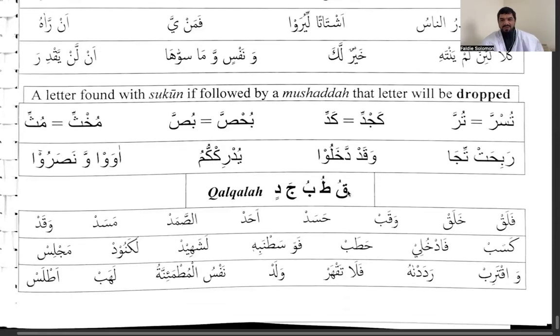So now we can move on to our rule of qalqala. All right. So qaf, ta, ba, jim, dal. Here we have أعوذ بالله من الشيطان الرجيم بسم الله الرحمن الرحيم فلق. خلق. وقب. حسد. أحد. الصمد. دال وسكون. مسد. وقد.